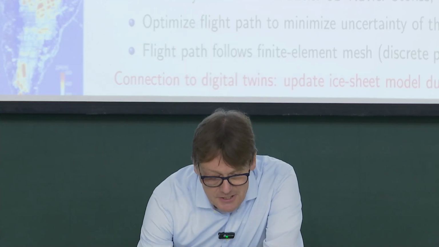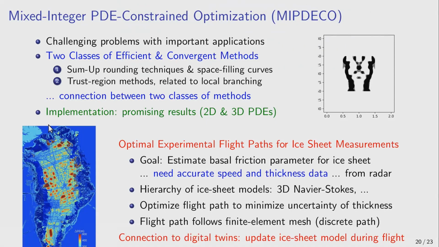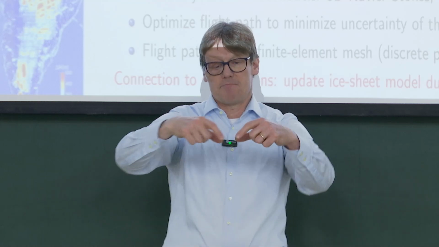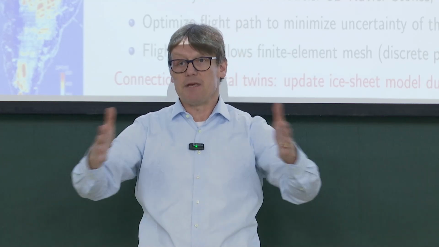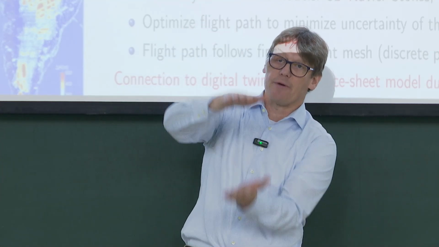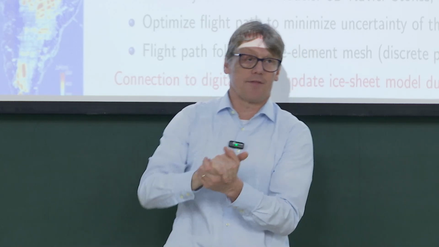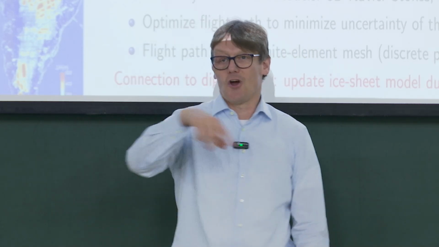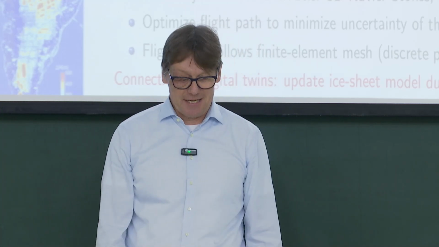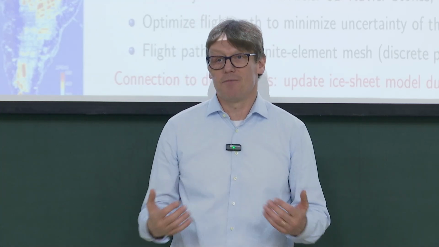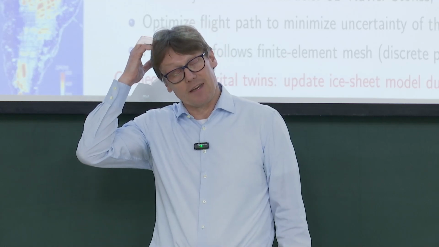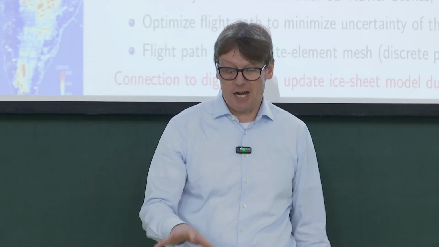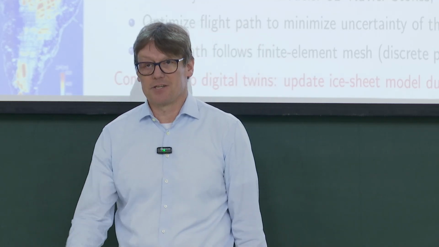On this picture you see where NASA and other agencies have flown aircraft across, and wherever there's a straight line, they've flown an aircraft that can measure a path of about 70 meters wide. They have ground penetrating radar that tells them very accurately what the thickness is. But we want to fly different flight paths. We want to fly curves and other interesting things to maybe reduce the uncertainty where it's most significant. This is a really challenging problem, but it's also a very cool problem.